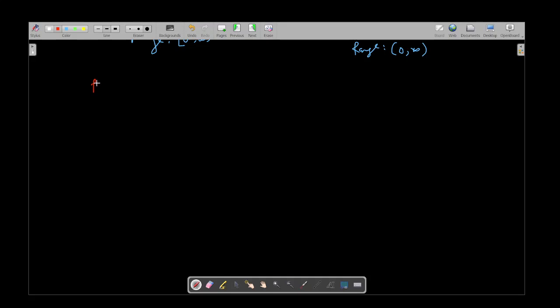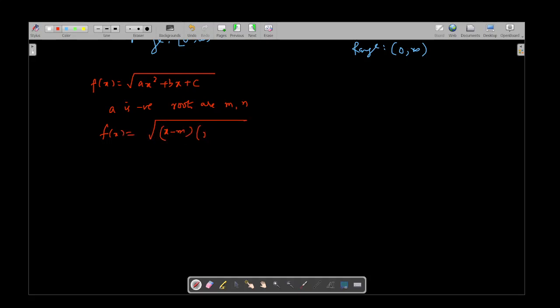If I take f of x is equal to square root of ax square plus bx plus c, here if a is negative and if the roots are m and n, I can write f of x is equal to square root of x minus m and x minus n.